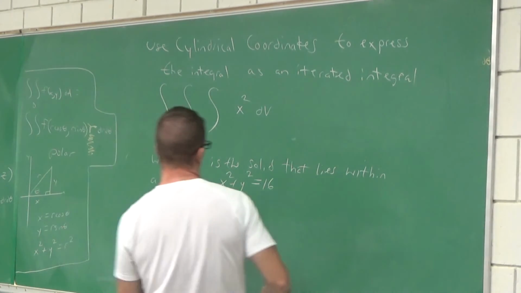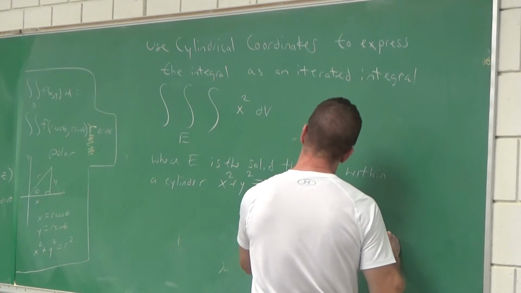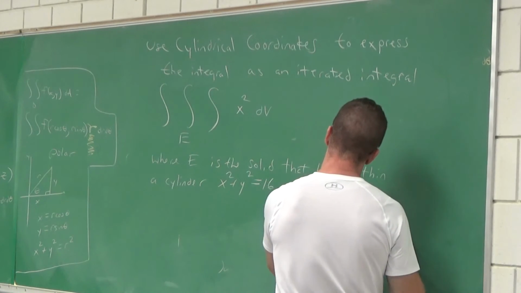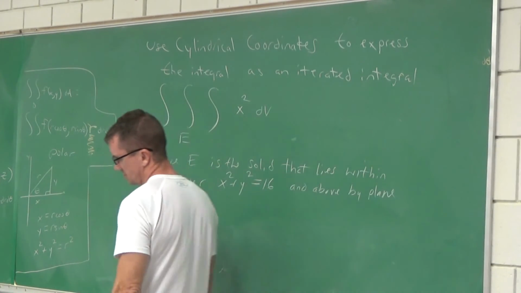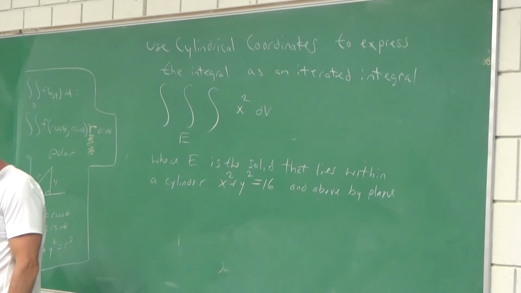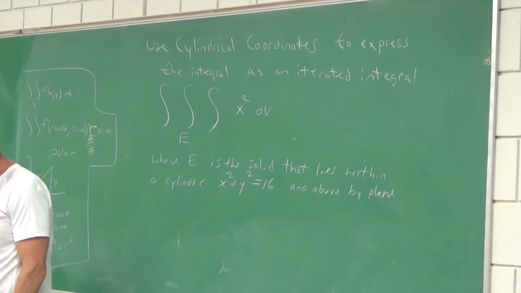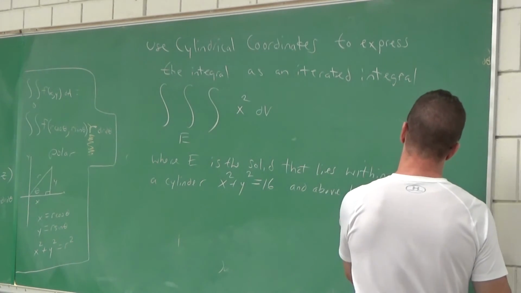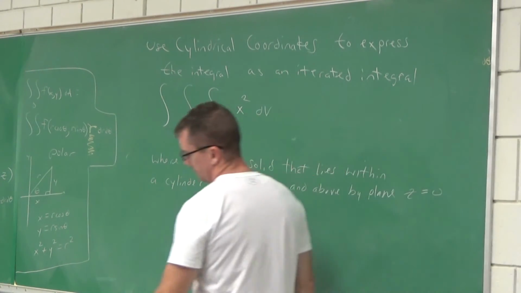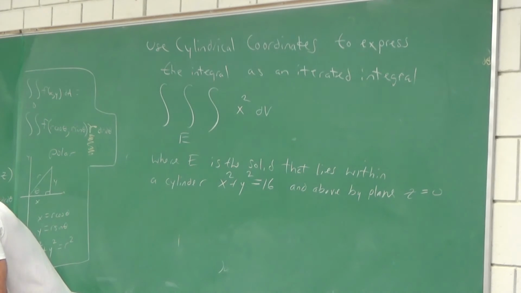And above by the plane, they wrote z equals 0. And below by the cone.